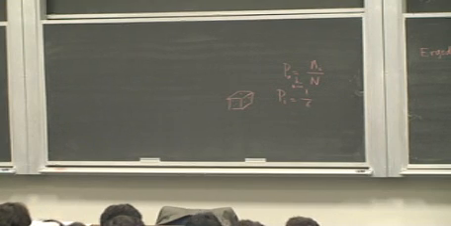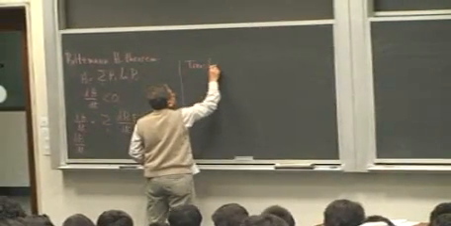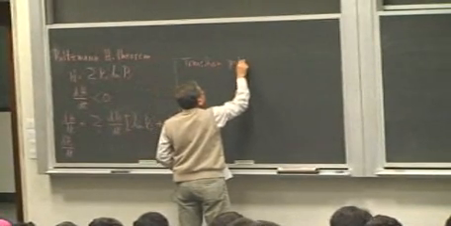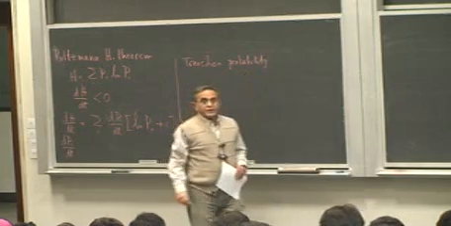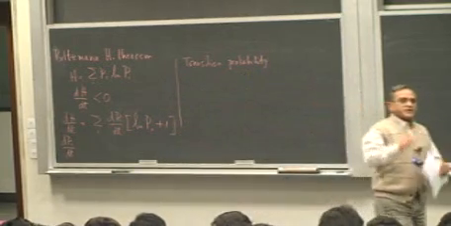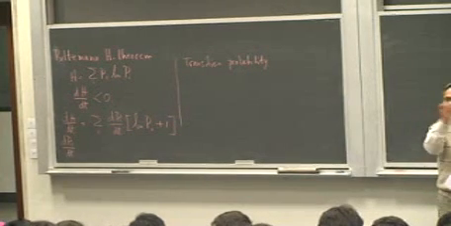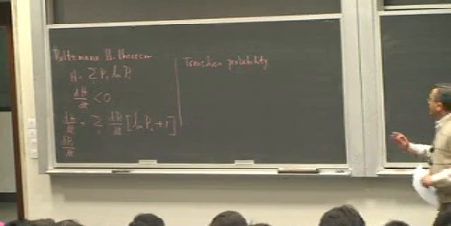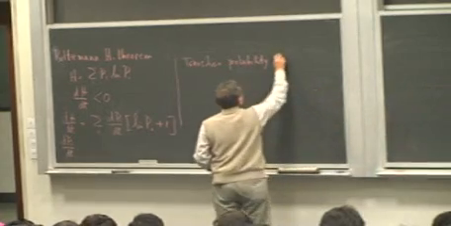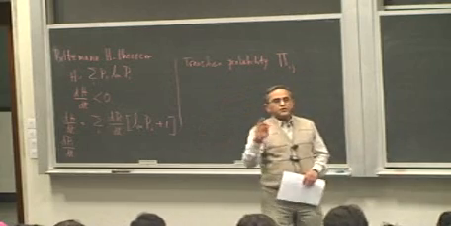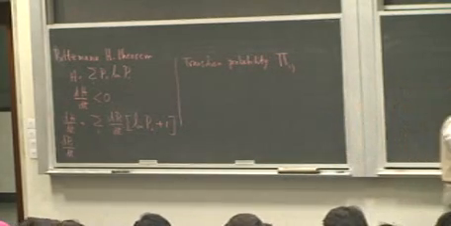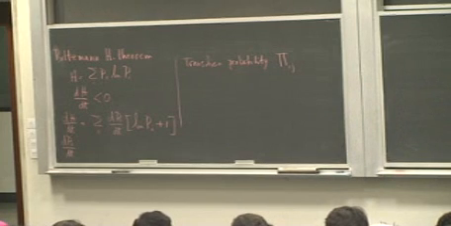In the derivation in the last lecture, I introduced a transition probability. This is the probability of transition from one state to the other. I called it pij. It is the probability of a particle making a transition from state i to state j.